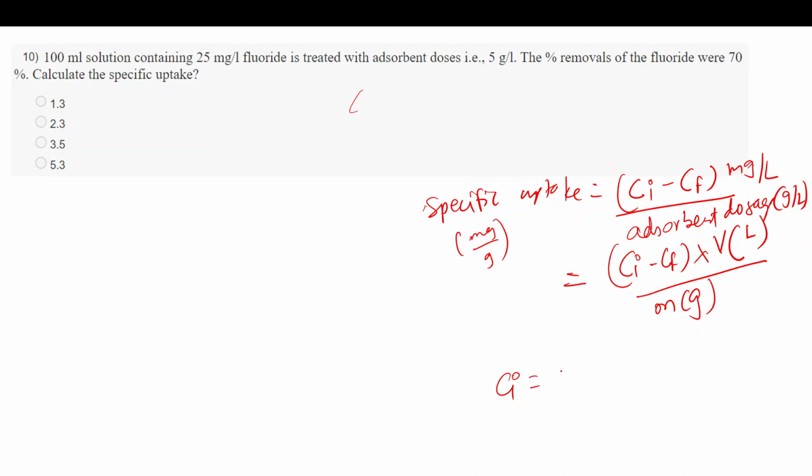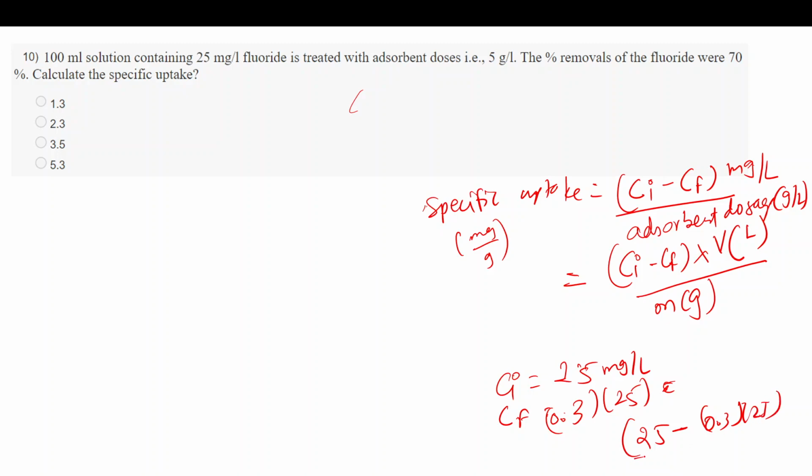We know Ci is 25 milligrams per liter, and Cf will be, since 70% is removed, 30% remaining, so 0.3 times 25. The dosage is 5 gram per liter. So 25 minus 0.3 into 25, divided by 5.